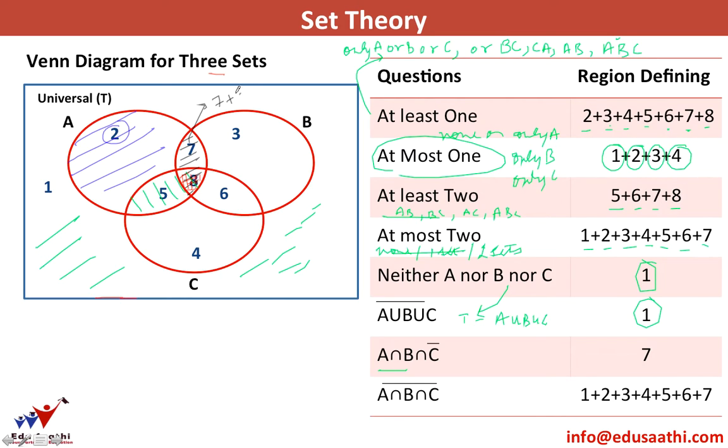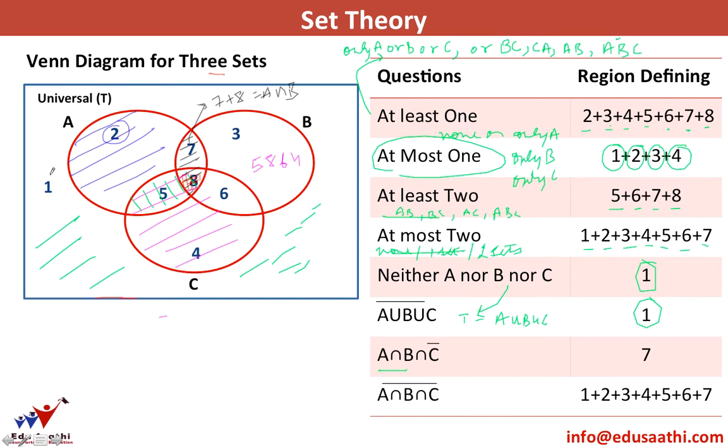That is A intersection B. Now, what is C complement? C complement is everything except this set C. So everything except 5, 8, 6 and 4.